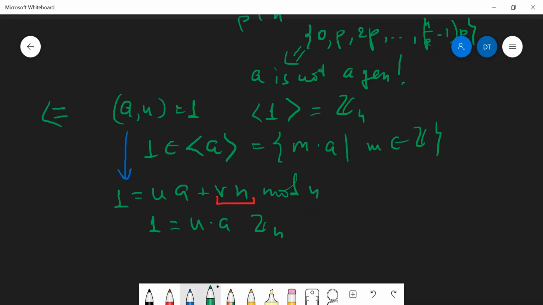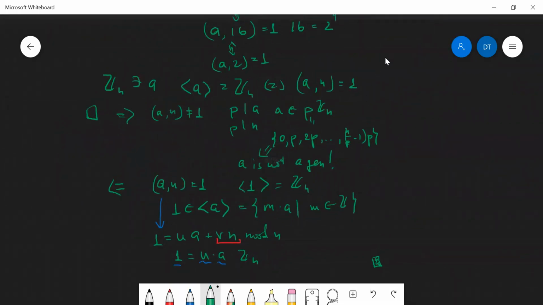And we see that we presented the element 1 in exactly this form, A times some integer. So this means that 1 is inside this subgroup, and this proves that in this case, the whole group belongs to the cyclic subgroup, so A is a generator. So that's how you do that.